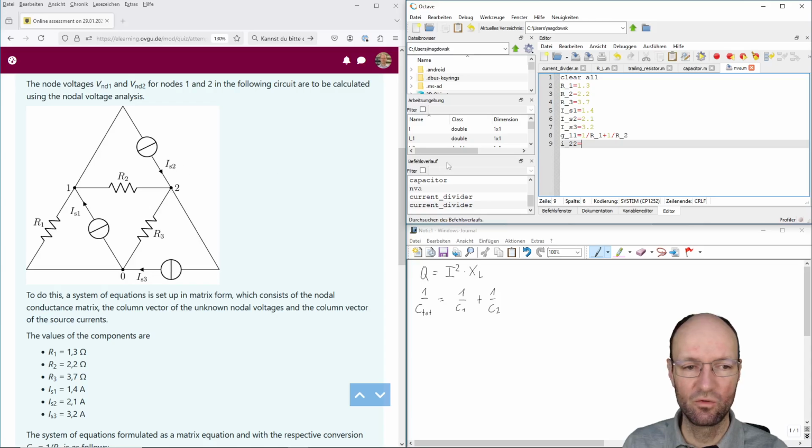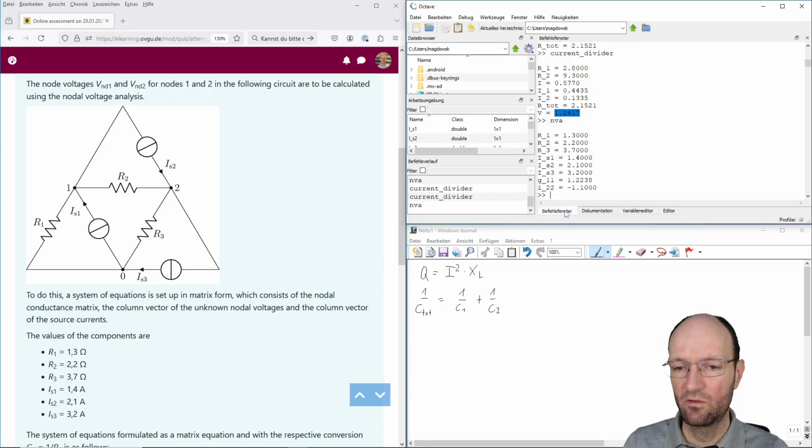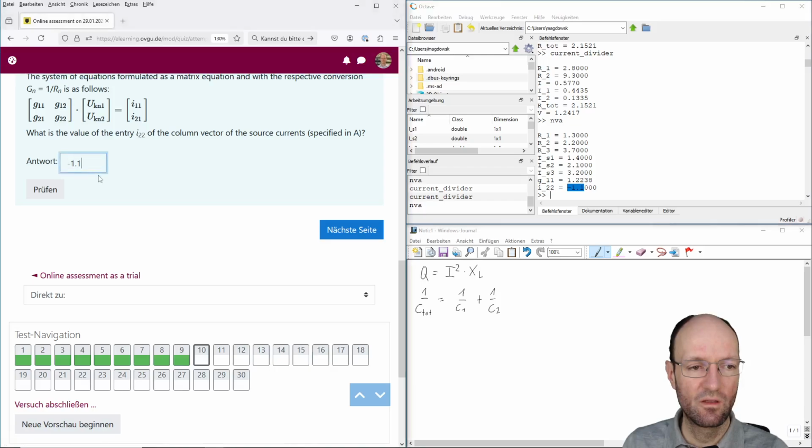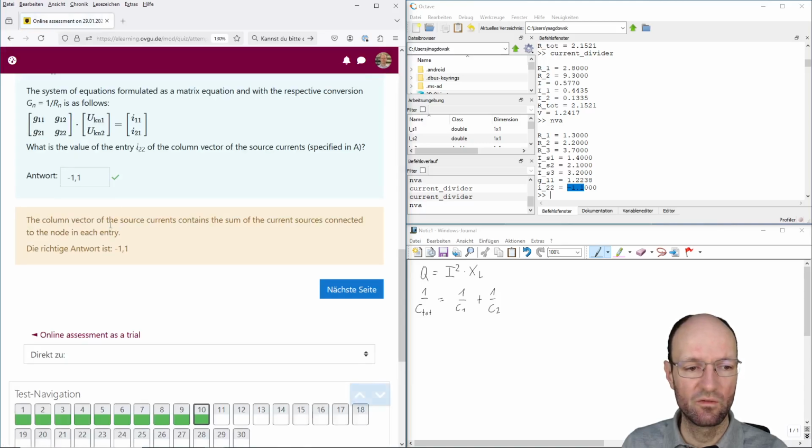So at the second node we have IS2, which is flowing towards the node, and IS3, which is flowing away from the node. So minus IS3, and then we get some negative current there, minus 1.1 ampere. This should be also specified in ampere here. So this is correct, this looks good.